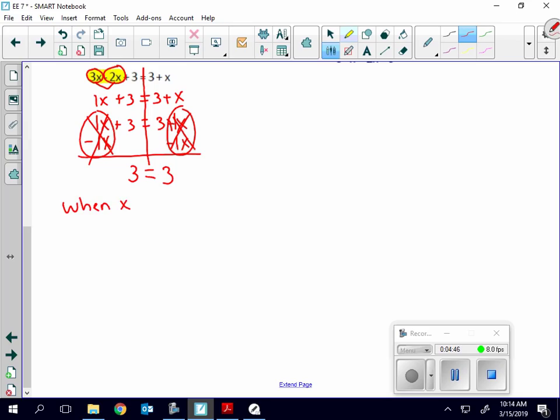So I want you to write this down. When x's cancel out, we have 2 options. Number 1, if true, meaning 3 equals 3, right? That's true. Then we have all real numbers, which means infinitely many solutions.